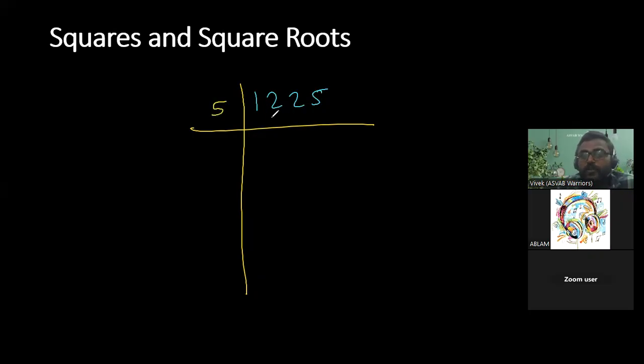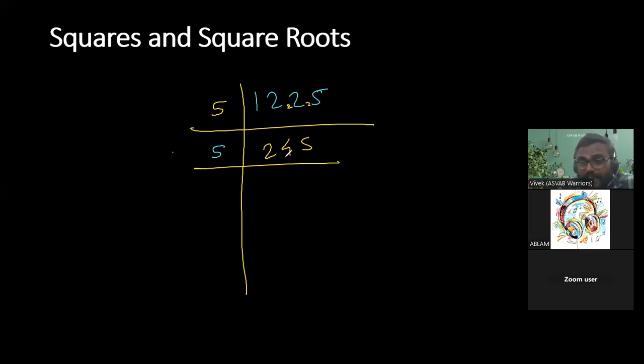1225, if divided by 5, what do you get? 5 times 2 is 10, 2 carried. 5 times 4 is 20, 2 carried. 5 times 5 is 25. Now we need a prime number by which we can divide 245, 5 again.